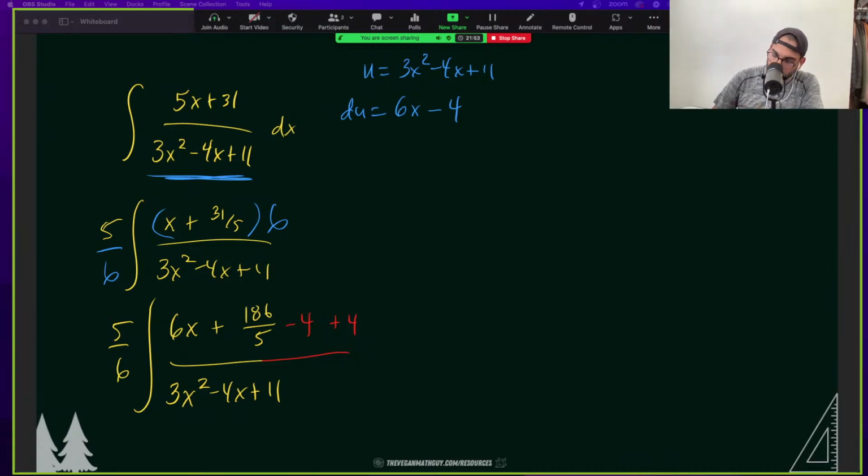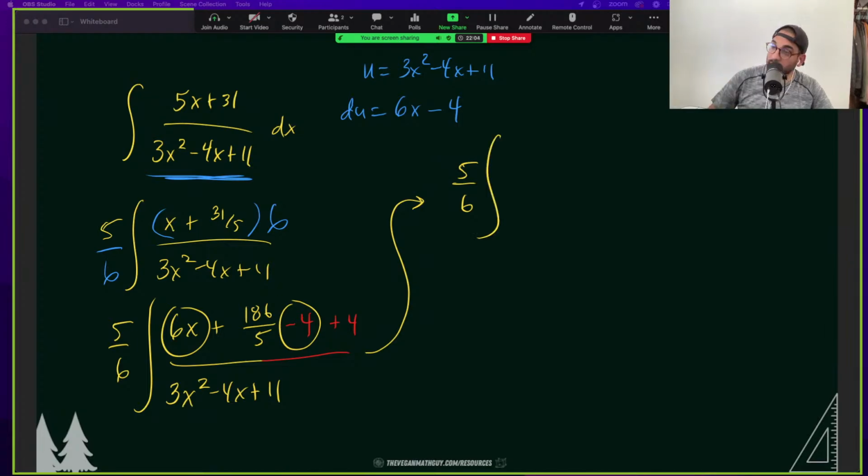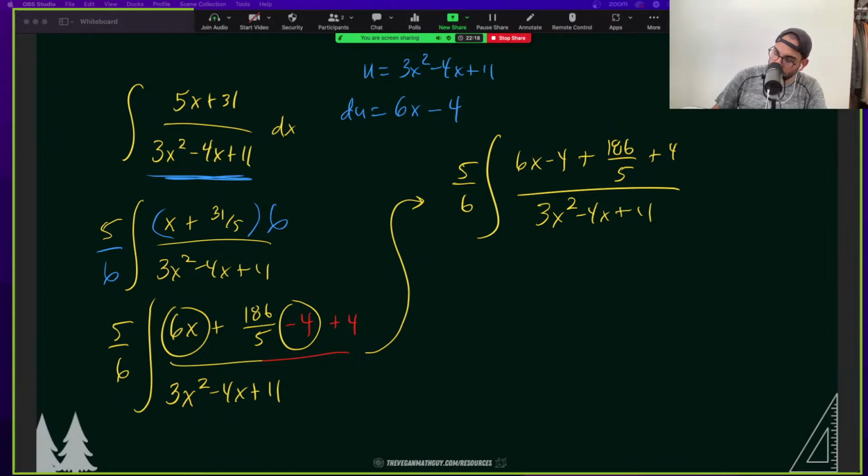So I'm going to take the 6x and the minus 4 and put them together, close to each other. So now I have 5/6 on the outside, 6x minus 4, which is what we want, that magic number, plus 186 over 5 plus 4, all over 3x squared minus 4x plus 11 dx. Now it might look a little more complicated, and it kind of is, but don't worry.